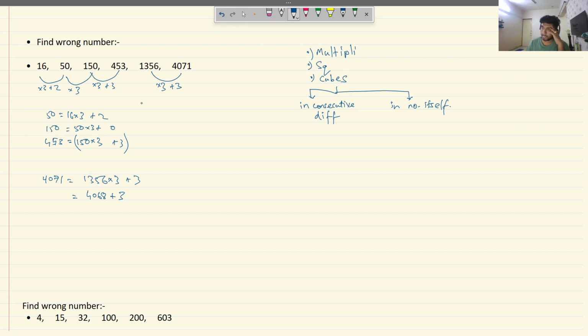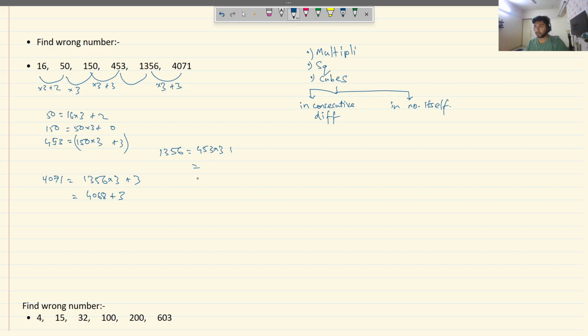Let's see this one. 1356. 400 times 3 is close to 1300. Sorry, 400 into 3 is 1200. So 450 into 3 should be 1350, close to this only. Okay, makes sense.